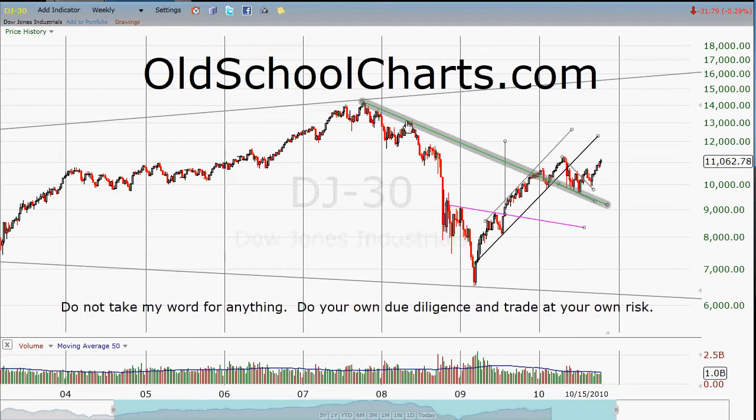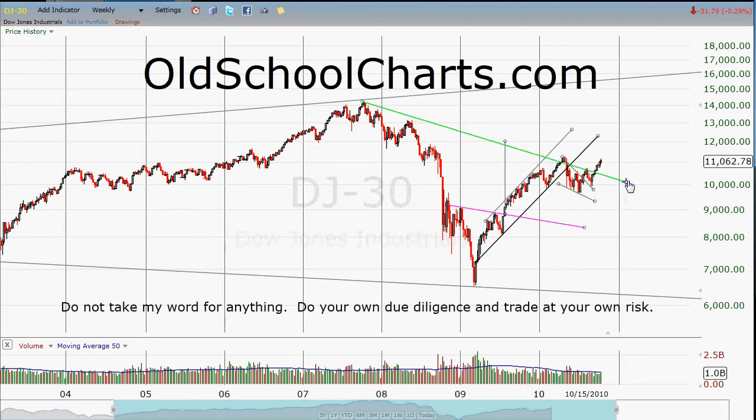You can also draw from here to here, which, by the way, puts you about here where the Dow broke out from an inverse head and shoulders. Anyway, to make a long story short, the weakness that we had off of that April 2010 high in this context almost looks like a back test, doesn't it?